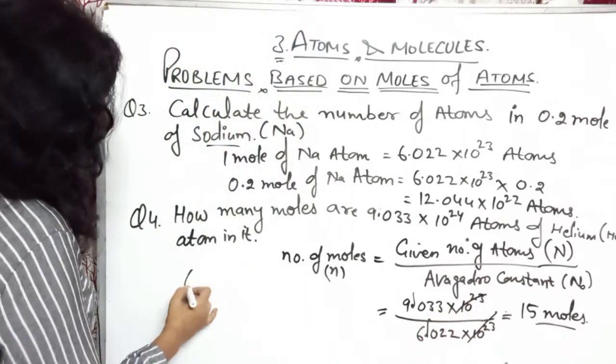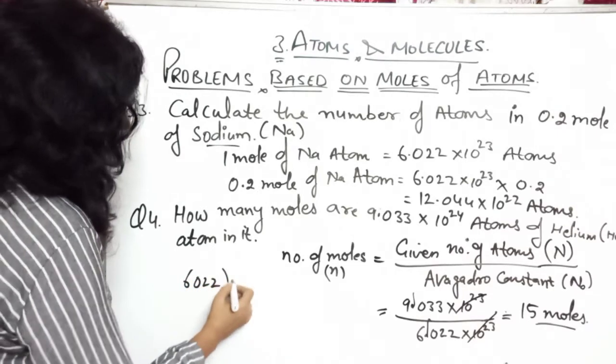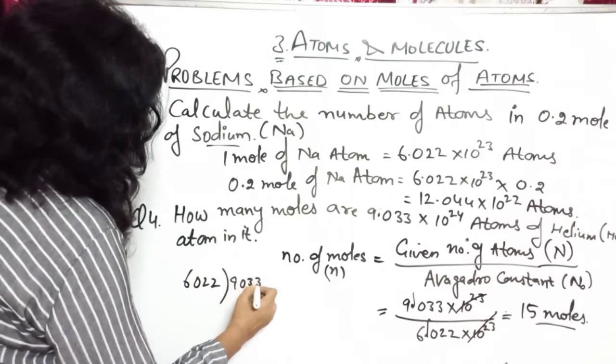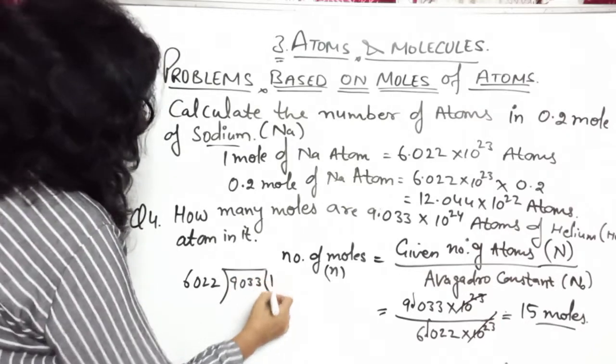Now you have 6022 and 9033, and you can just divide it.